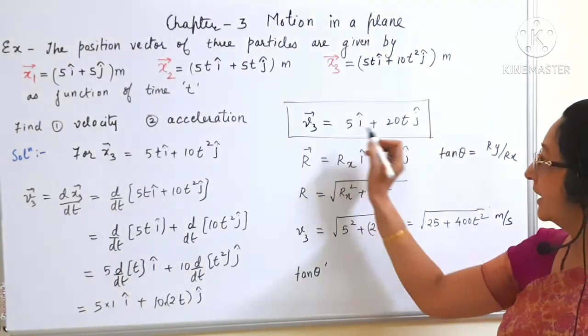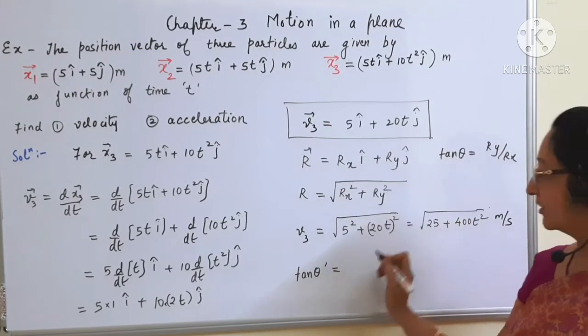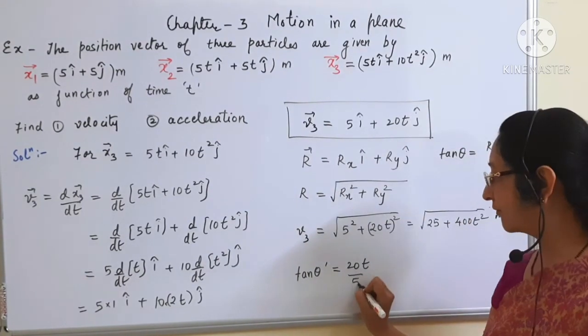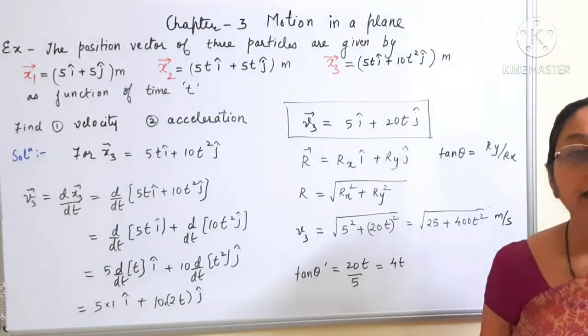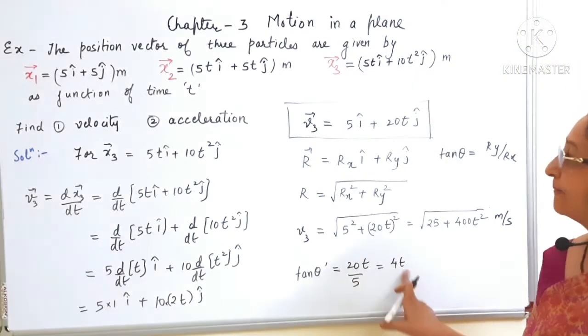So tan of theta dash that is equal to ry upon rx. ry is 20t upon rx is 5 that is equal to 4t. This is the direction of the velocity v3.